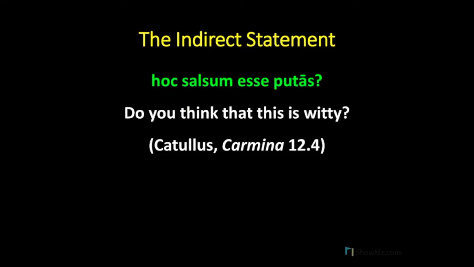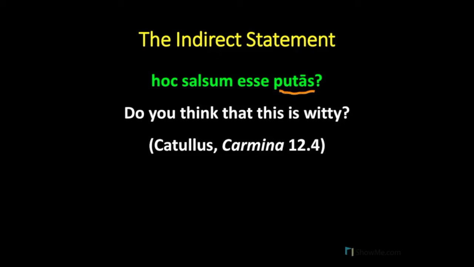And we will finish with a quotation from Latin literature. This is from Catullus, a poet who was very proud of writing with wit and charm. So he says in poem 12, Hoc salsum esse putas. The main verb of his question is putas. Do you think?